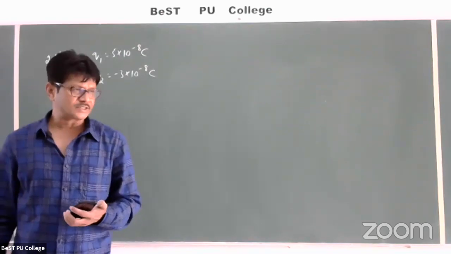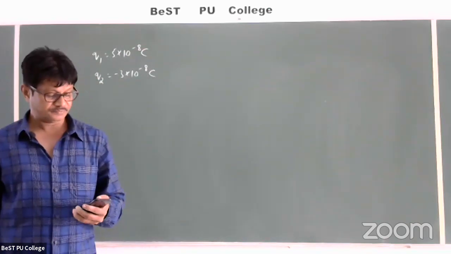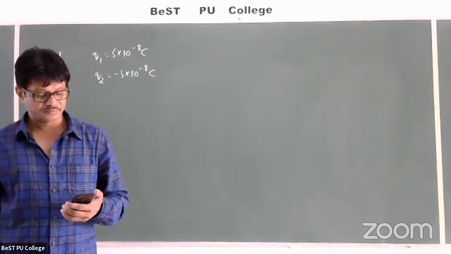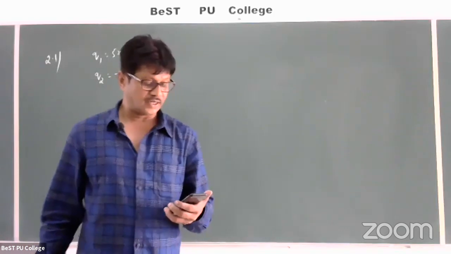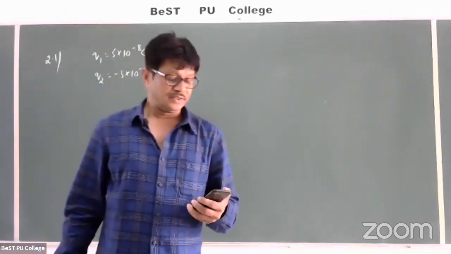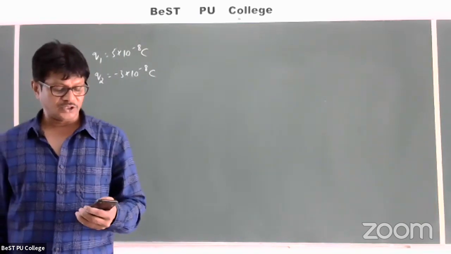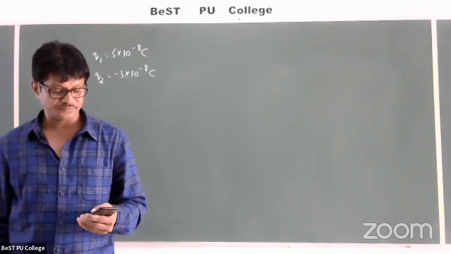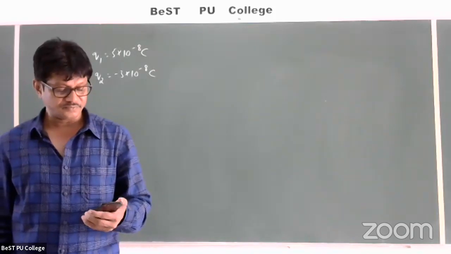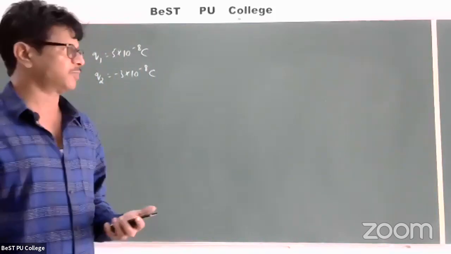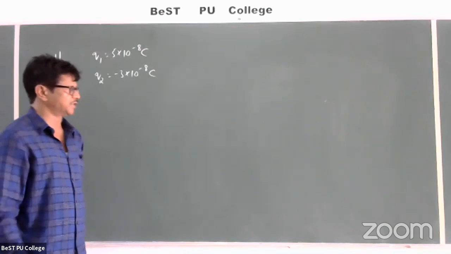At what points on the line joining the two charges is the electric potential zero?